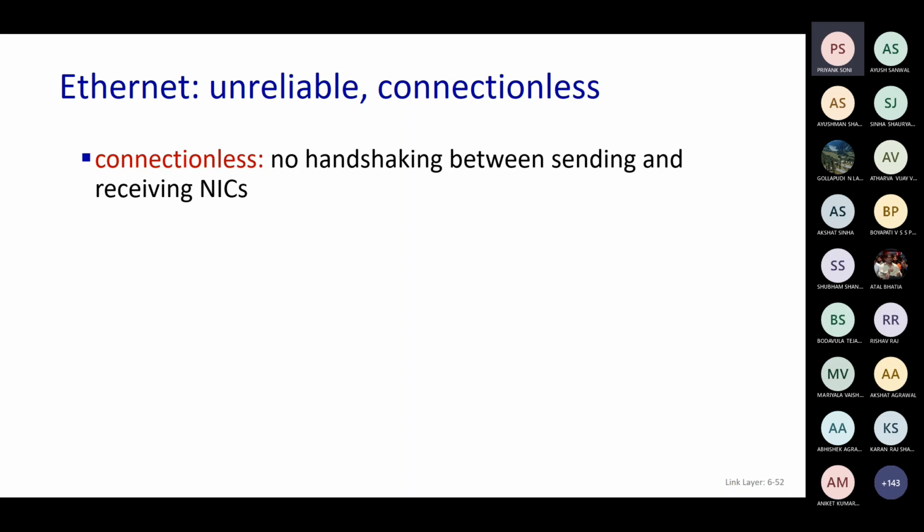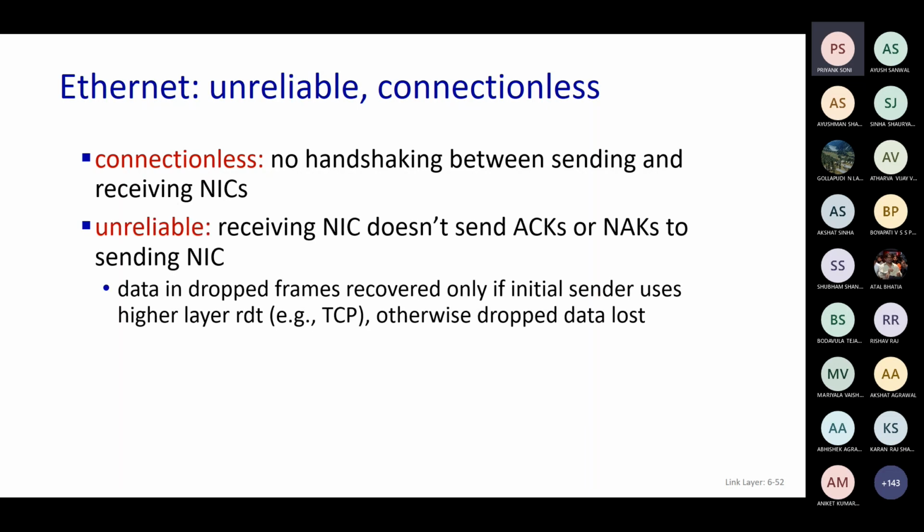Like in TCP, where we did a particular handshaking before we could transfer data, in Ethernet this does not happen between the sending and receiving network interface cards. It is unreliable because the network interface card at the receiver end does not respond with any ACK or NAK. It does not send any ACK or NAK frames to the sender NIC.